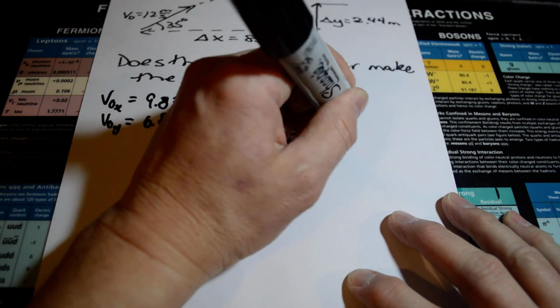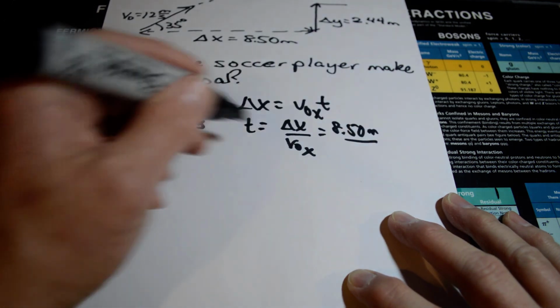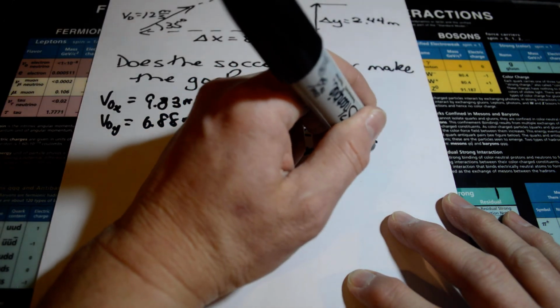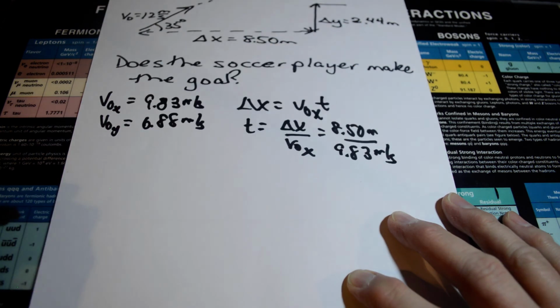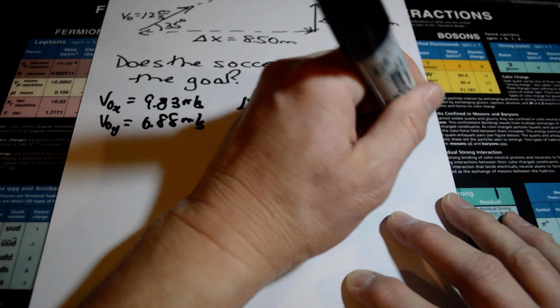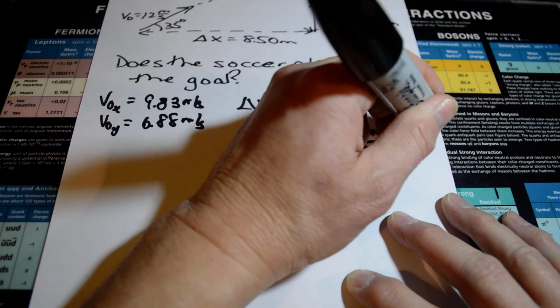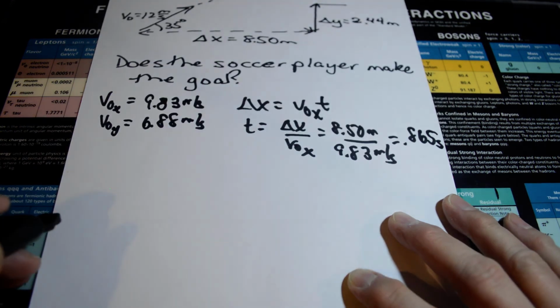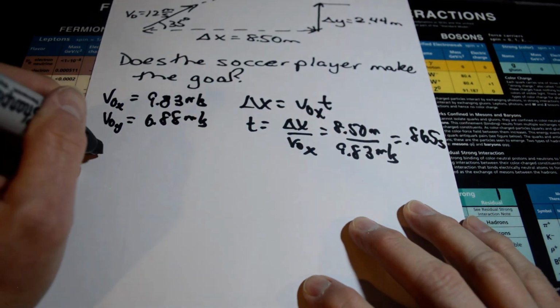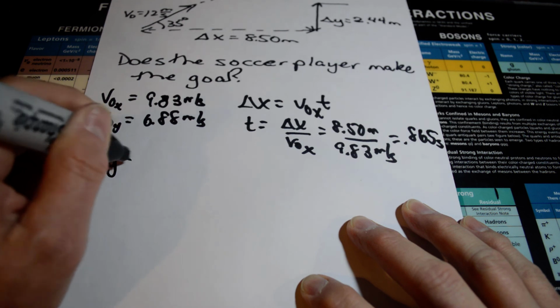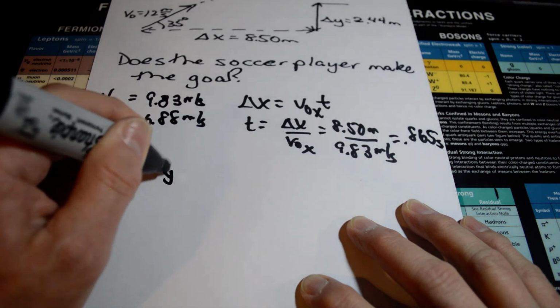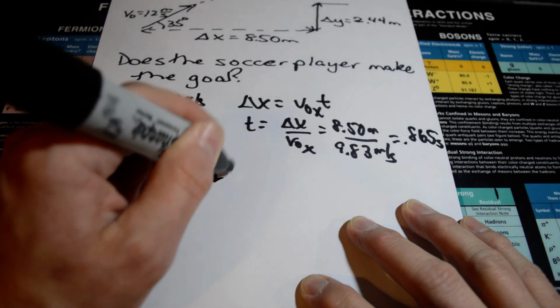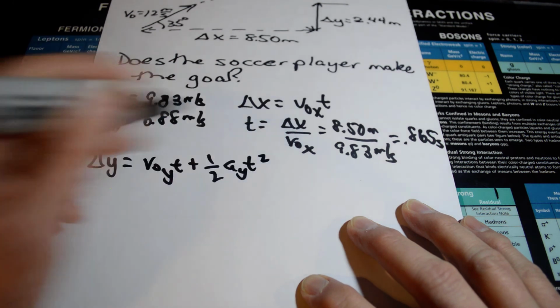You'd take 8.5 meters and divide by the 9.83 meters per second, which is the velocity, and then that time in the air is going to be equal to 0.865 seconds. And the last step would be to find out how high it is, and it's going to end up being v0y t plus 1/2 a t squared.